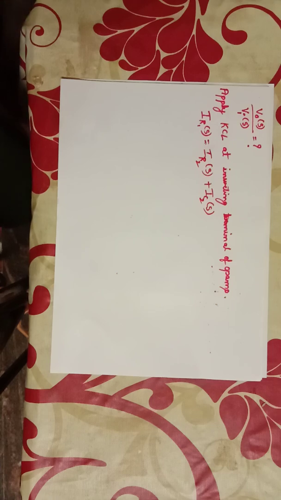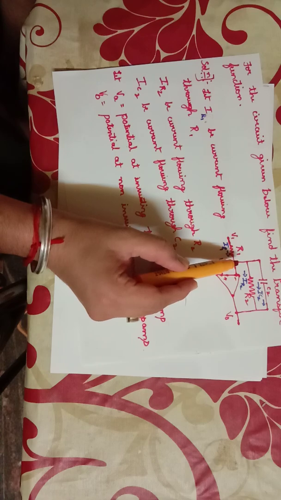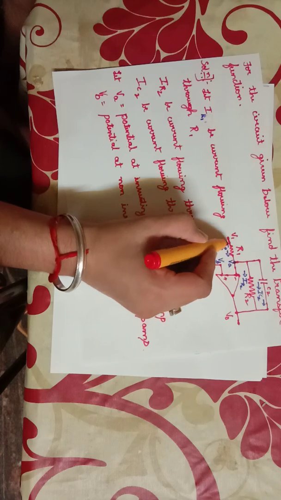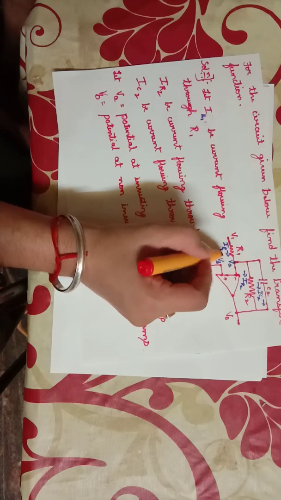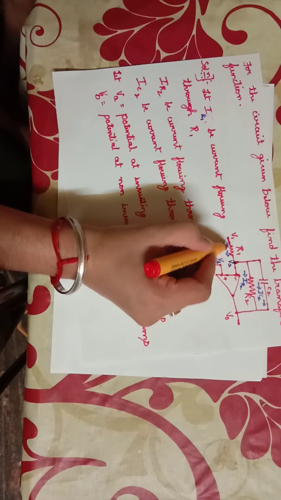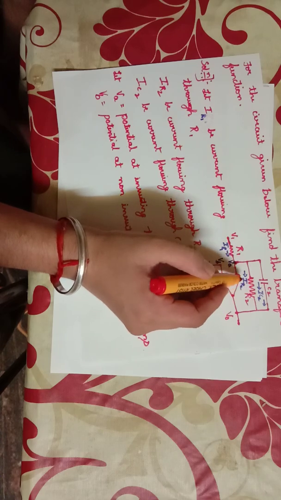KCL means the summation of current entering node VA should be equal to the summation of current leaving node VA. That means the current entering node VA, IR1, should be equal to the current leaving node VA. This is KCL.